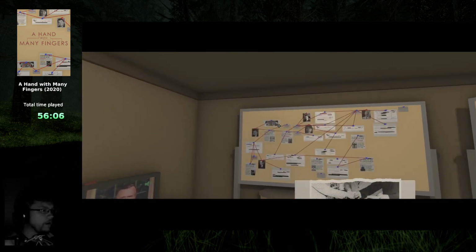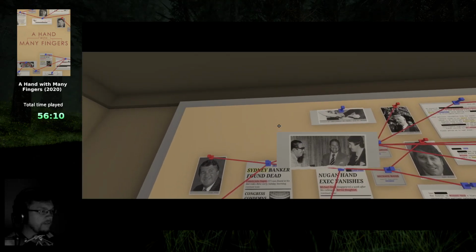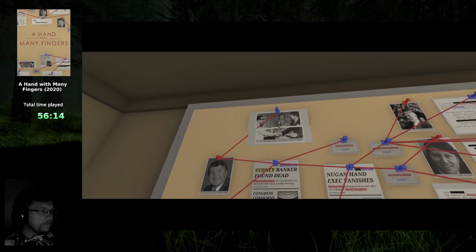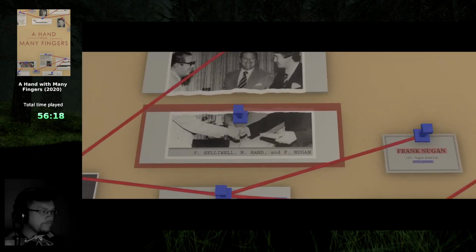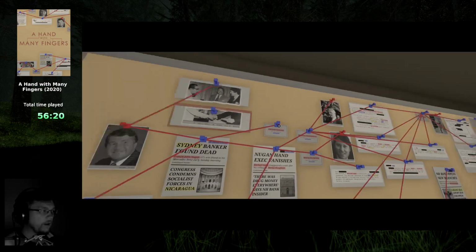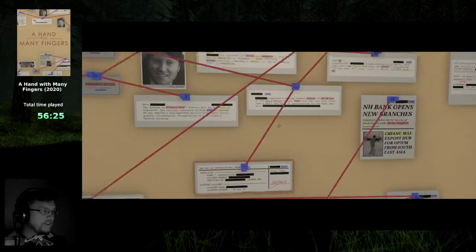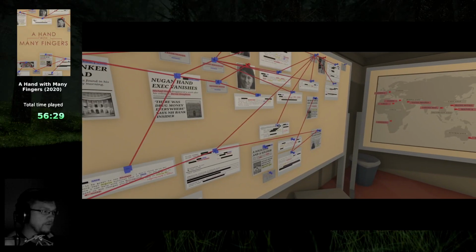Oh, hey! Oh! This is great! That's a discovery. Look at that! Nugan Hand and Halliwell! Oh! Halliwell! I still don't have a fucking business card of Halliwell, so that's gonna have to do.